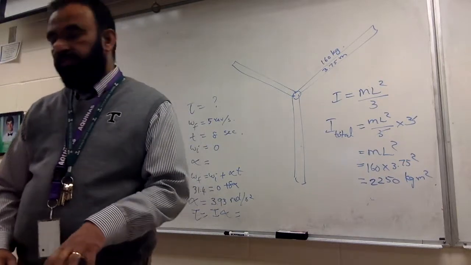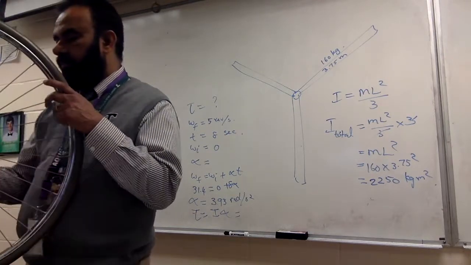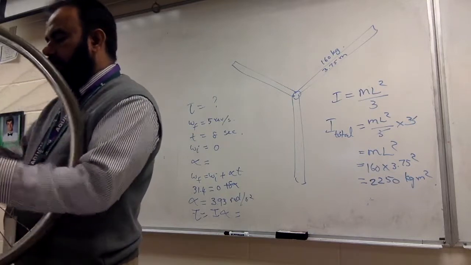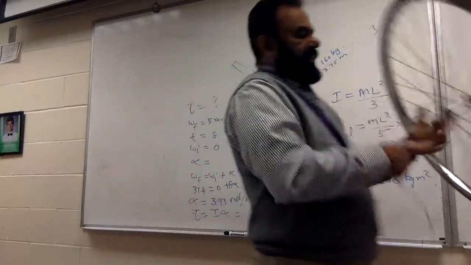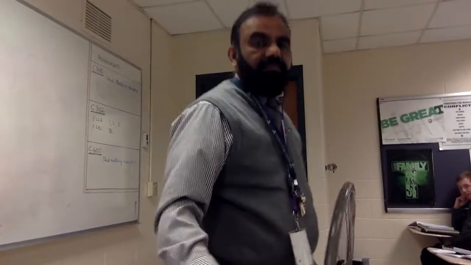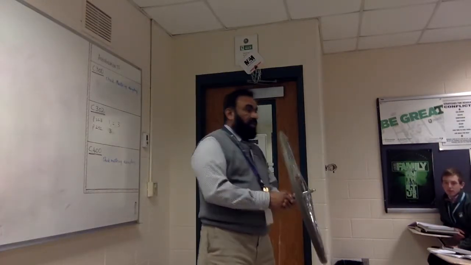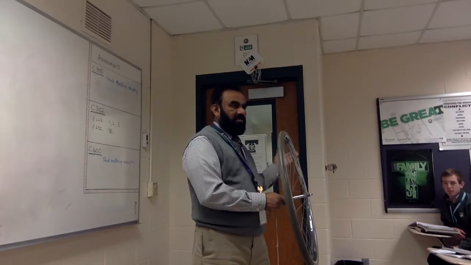Inertia of rotation. See, when an object starts moving, it has what is known as the inertia of rotation. Let me put this safely here. So this one right now has just inertia, just mass.